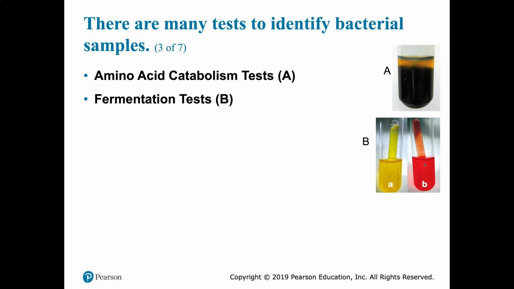Let's say it's got glucose in it. It also has a pH indicator telling if the pH will change. And notice it also has an upside down test tube. So there's a big test tube, this really big one, and then inside is an upside down test tube that has been filled with this media.